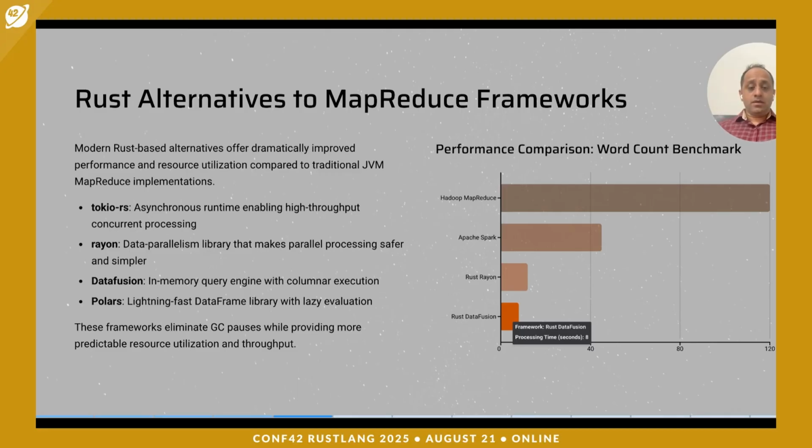So it has broken all the records and it's super fast compared to Hadoop, Spark, or even Rust Rayon. Rust-based implementations of these frameworks basically eliminate GC pauses while providing more predictable resource utilization. We are going to see more on this in the further slides.